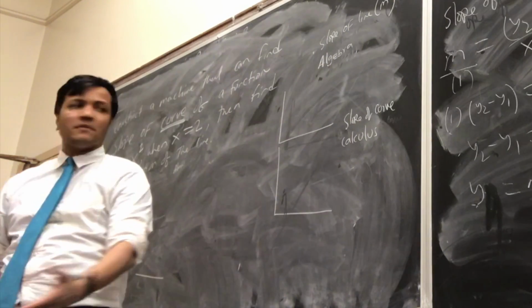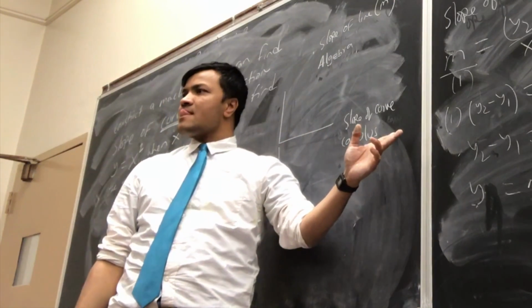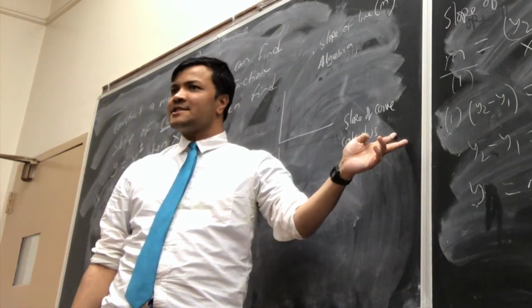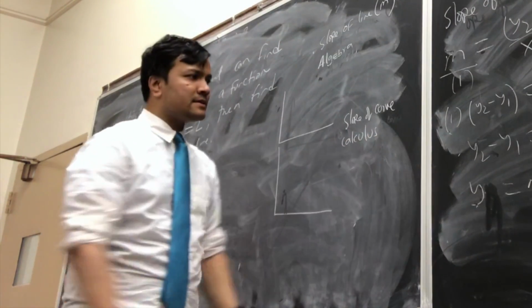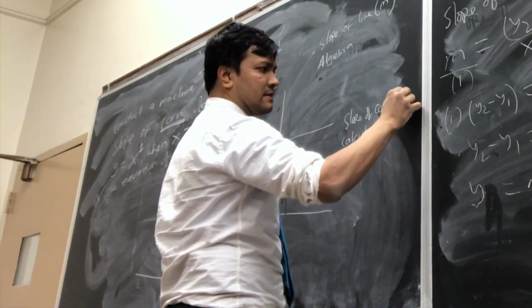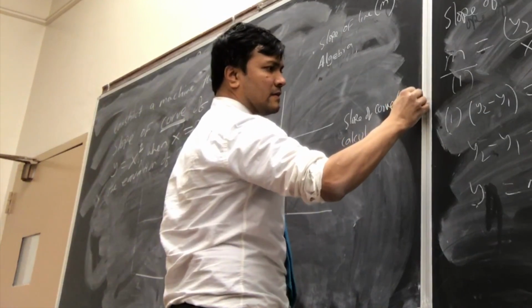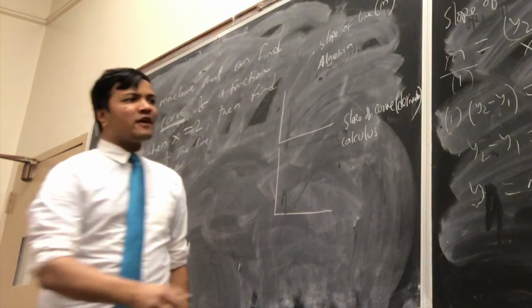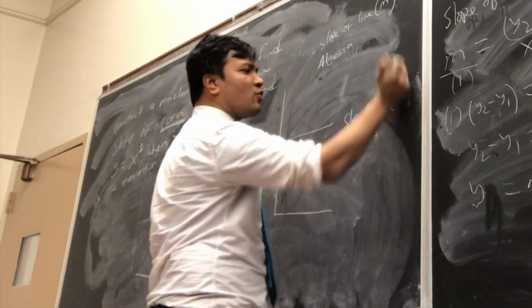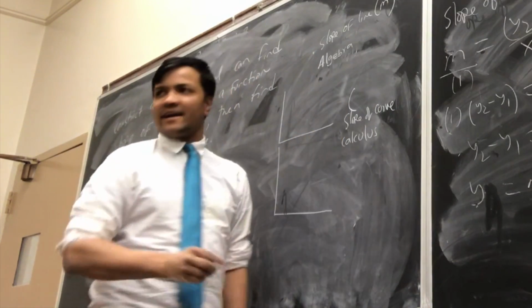We call it m. This is slope of a curve. We call it derivative. I should write it very nicely because derivative is the word that scares everyone.